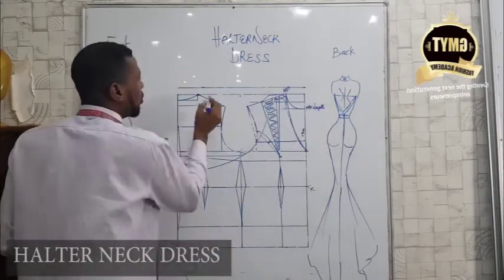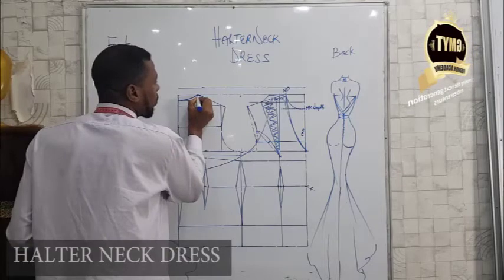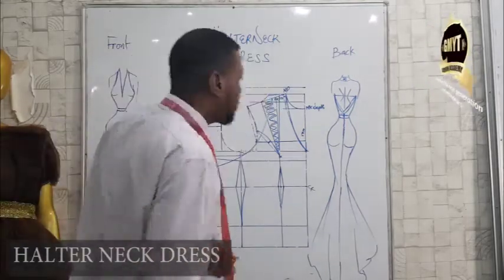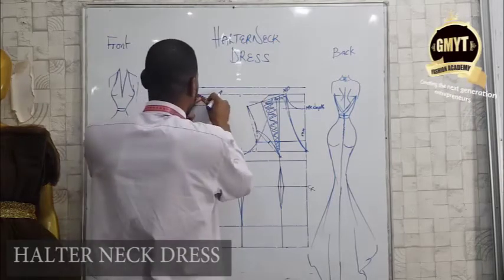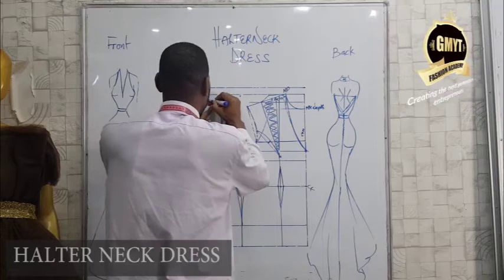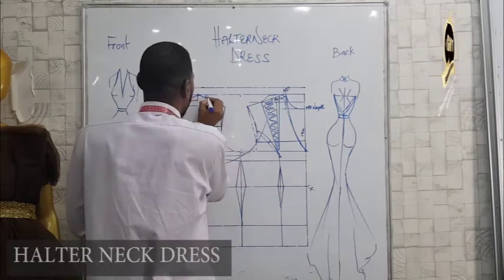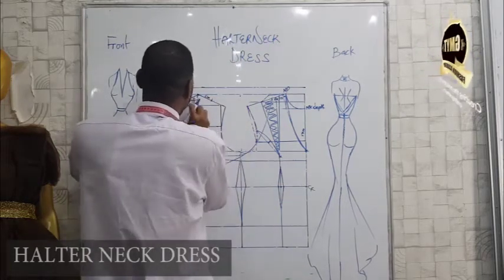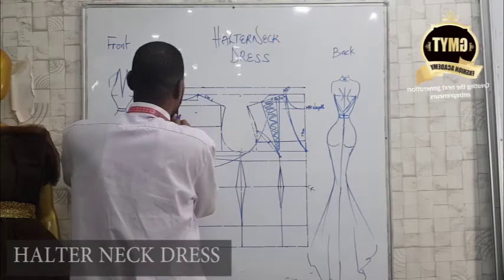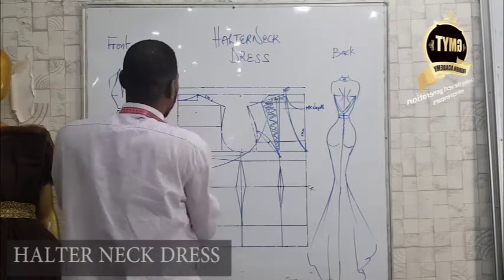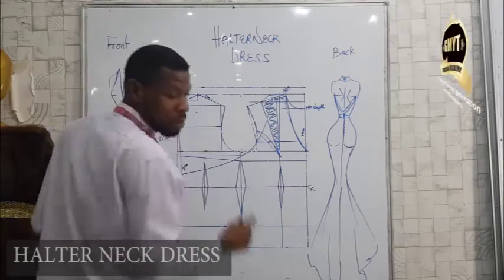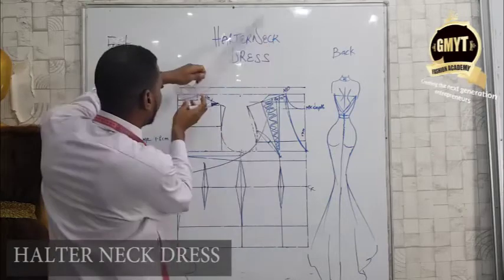So from here, you bring up, you measure the same 6 cm, same 6 cm from here at the back. I have my 6 cm. Then you do the same thing all through. 6 cm, 6 cm. Now, having done this 6 cm, you link it up.